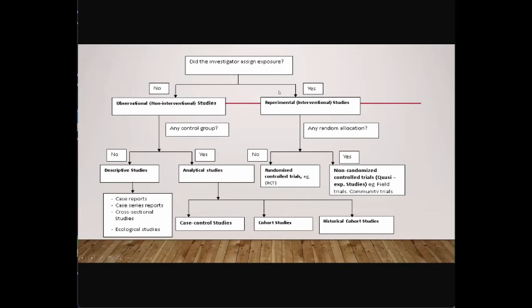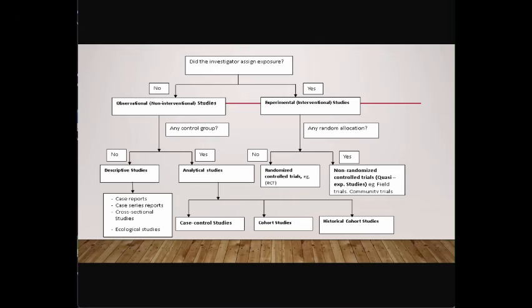All right. When I was introducing research and the study designs, I had said that descriptive studies answer the questions of who, where, and when. It's a description of who is affected, where the incident took place, and when the incident took place.